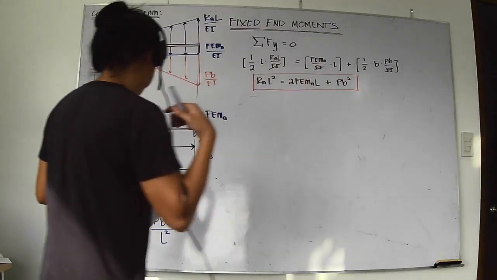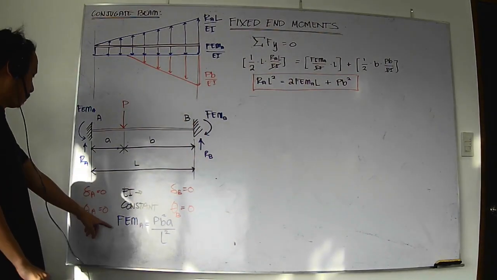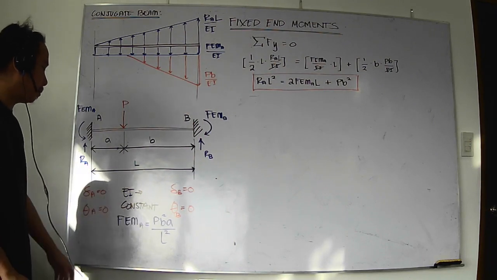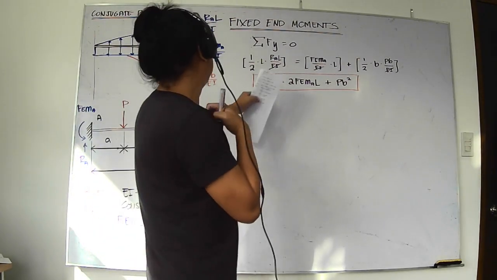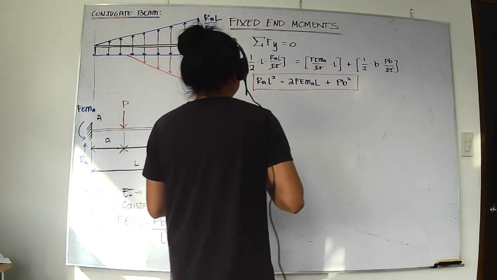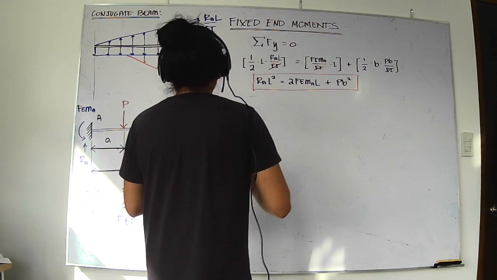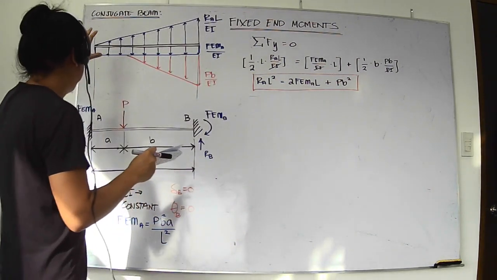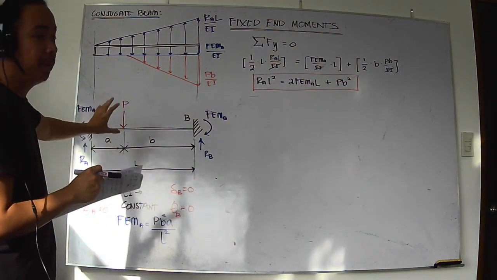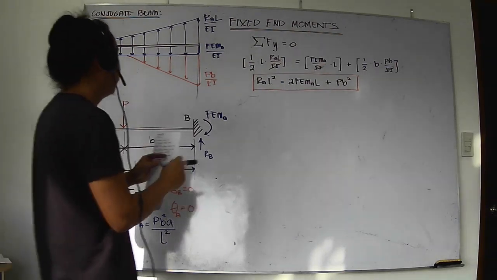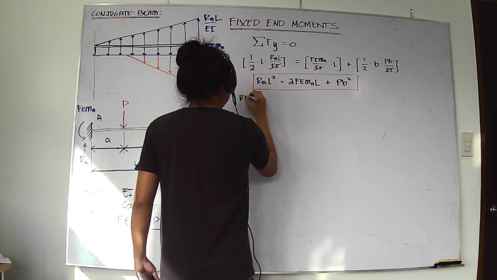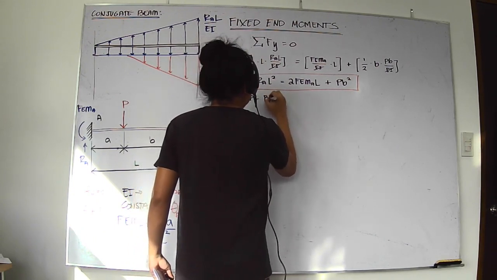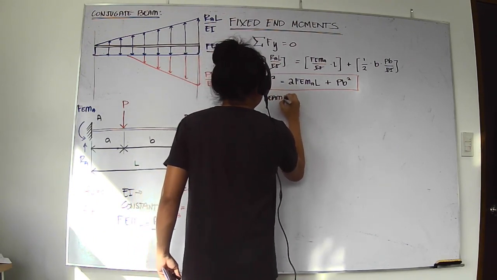So we have FEMA is equal to PB squared A divided by L squared. Okay? We already have the expression. Now we've already analyzed the conjugate beam, and we go back to the real beam.